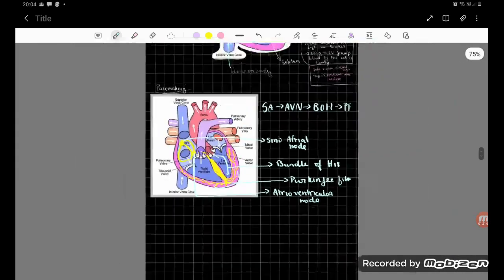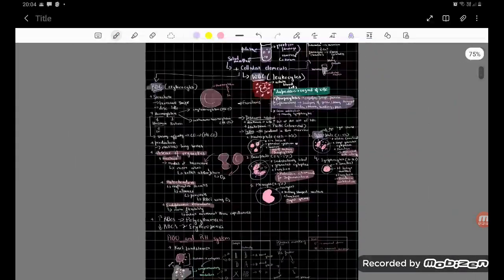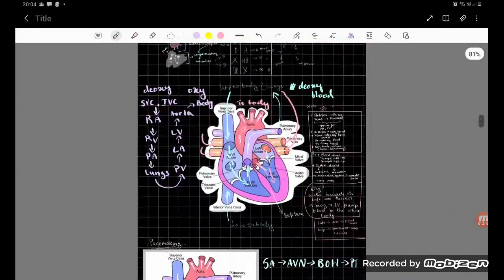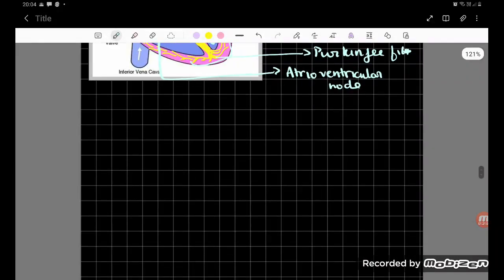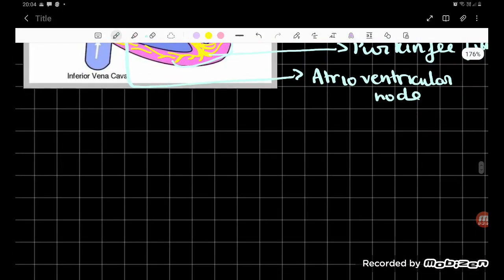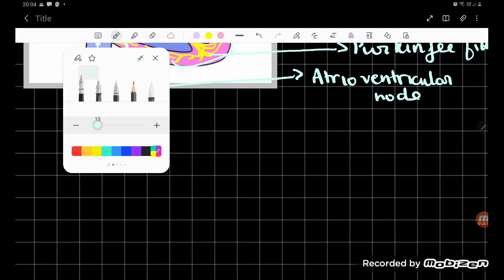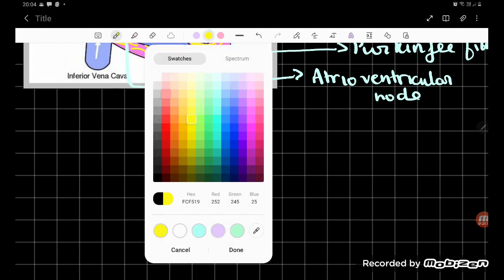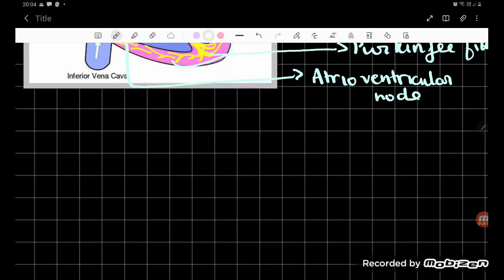Now that we're done with most of it, how many notes have I made? Let me decrease the size back to 6. Let's go back to white.